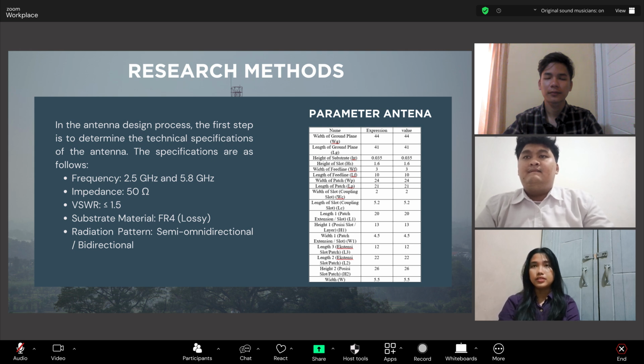The first parameters are width of ground plane with the value 44, length of ground plane with the value 41, height of substrate with the value 0.035, height of slot with a value 1.6, width of feed line with a value 3, length of feed line with a value 10, width of patch with a value 24, length of patch with a value 21, and the last one is slot width with a value 5.5.